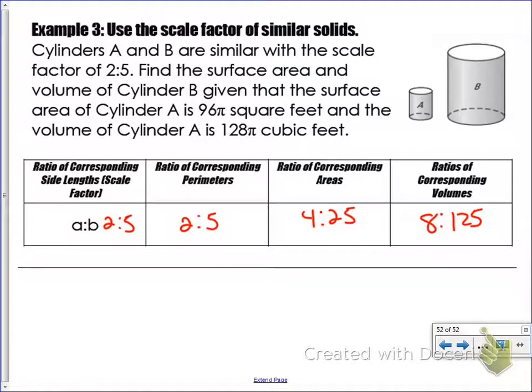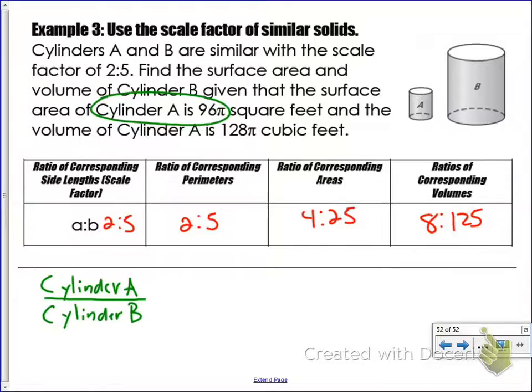Now, in order to use these ratios, first let's go ahead and find the surface area of cylinder B. Now, we're given the surface area of cylinder A is 96 pi. So again, let's go ahead and write a ratio of the two things that we are comparing. We're comparing cylinder A to cylinder B. Now, since we're dealing with area, we're going to have to use this area ratio here.